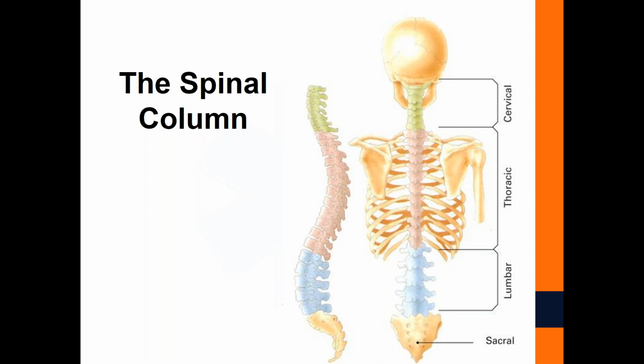And then last but not least, we have 4 more fused vertebrae. We have the coccyx, or the tailbone. They are pretty much just the last vestiges of Darwinism. This is just the last 4 little bits of before we became human, when we were still cave people.